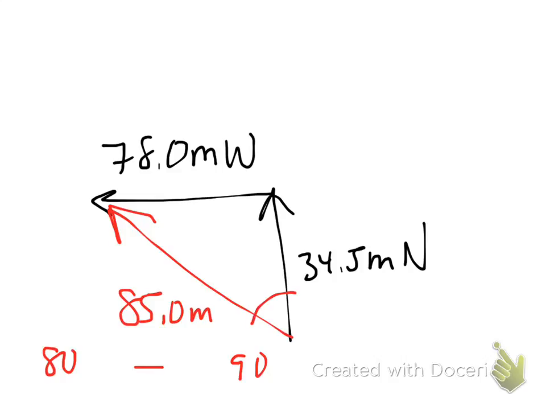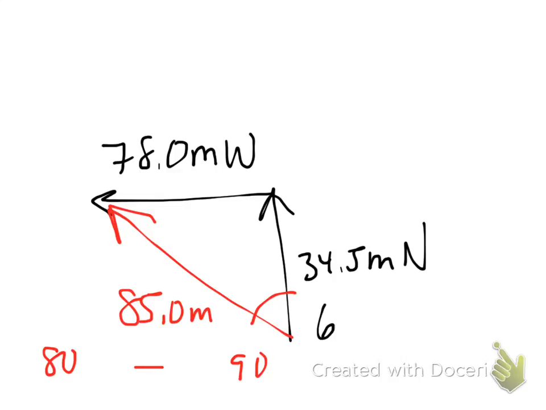And then for the angle, I got 76 degrees west of north. Wait a second, that's not right. Okay, so what if you flip-flopped it, went north of west?